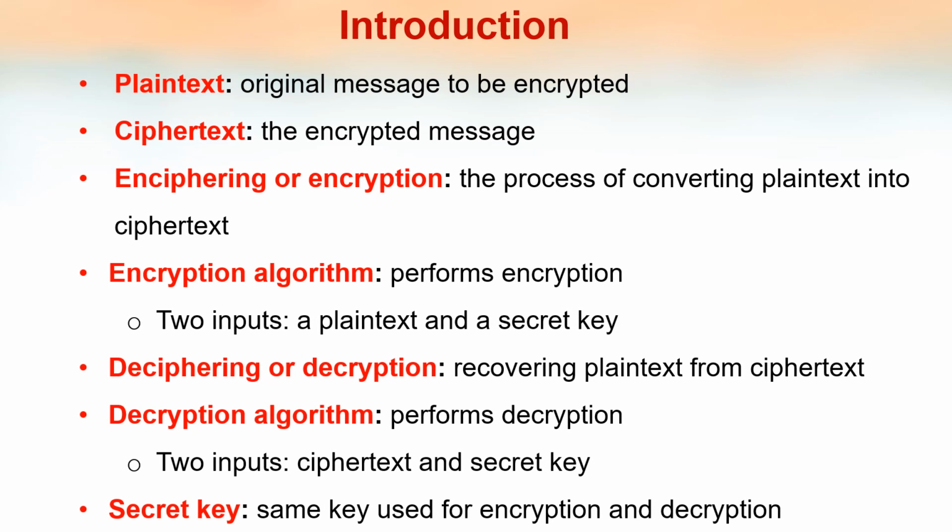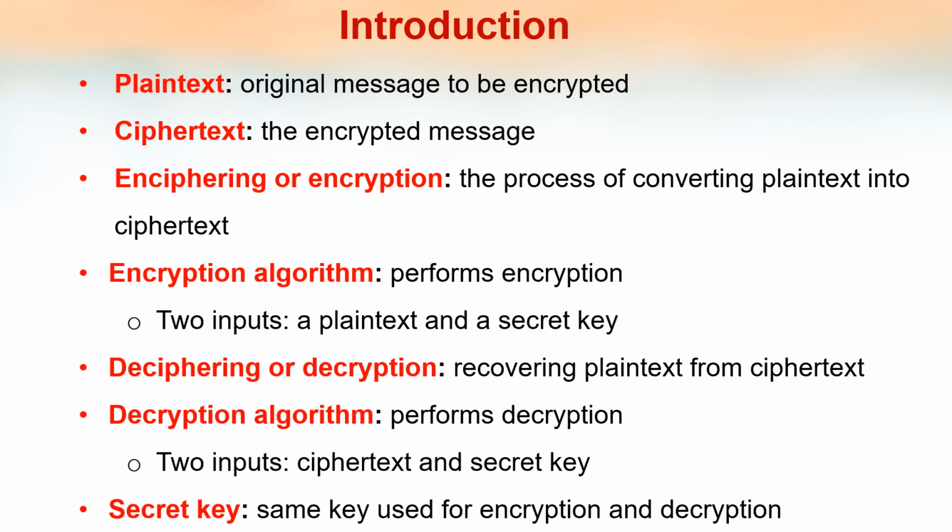Now we can see some terminologies which are used in cryptography. So first is plain text, which is the original message to be encrypted. Then ciphertext, the encrypted message. Enciphering or encryption is the process of converting plain text into ciphertext. Encryption algorithm performs the encryption.